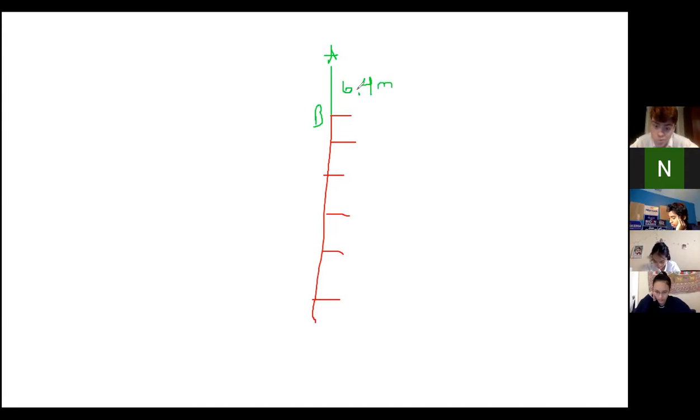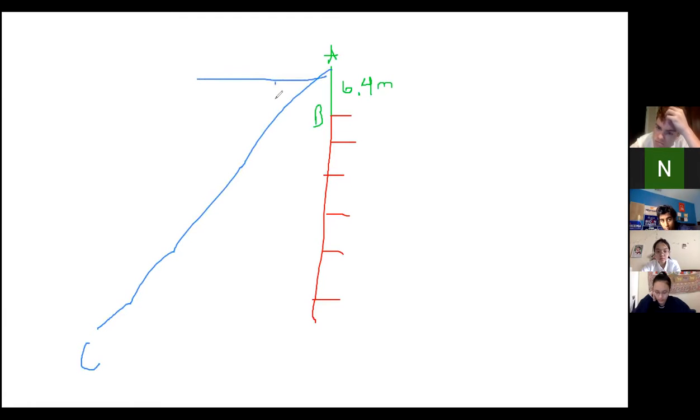Okay. And then you have the angle of depression to C, which is 49 degrees.